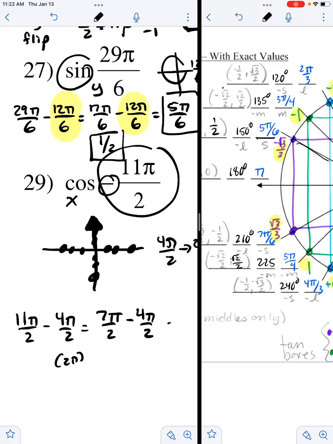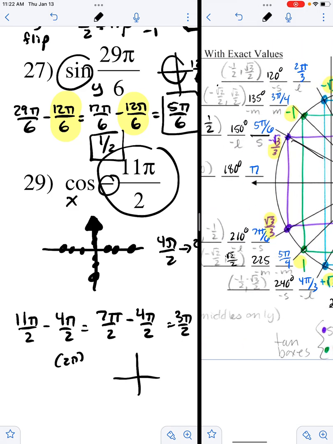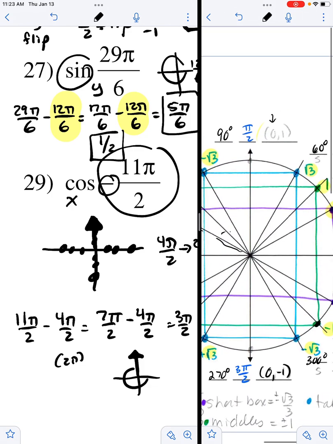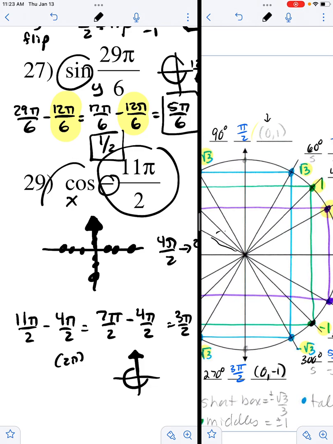Okay, well now I'm at 3. But the problem is this one was negative. So I'd be going my 3 pi halves in a negative direction and still going to land at the top. So whatever way makes the most sense to you to figure out that you are at the top of the circle and they are looking for the x, your answer is 0.